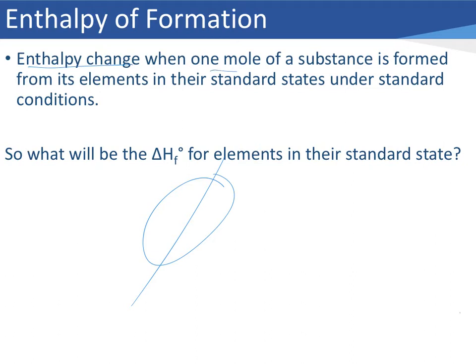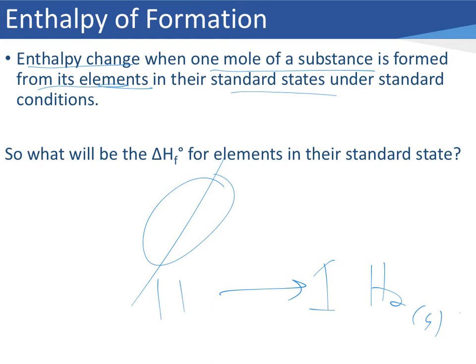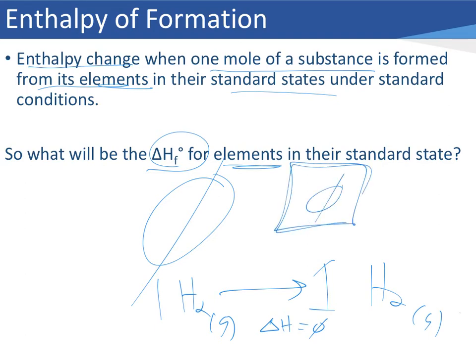Enthalpy change is when 1 mole of a substance is formed from its elements in their standard state. So if I want to form 1 mole of hydrogen gas, I need to start with the elements in their standard state, which would be 1 mole of hydrogen gas. There's no change. Delta H equals 0. So that means delta H of formation for elements is 0. And that information will be useful for our future problems.